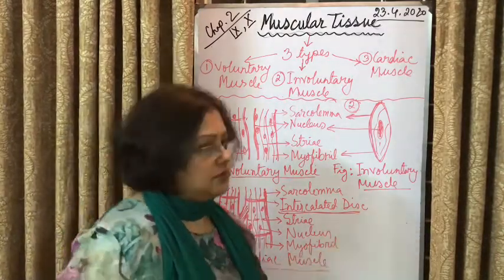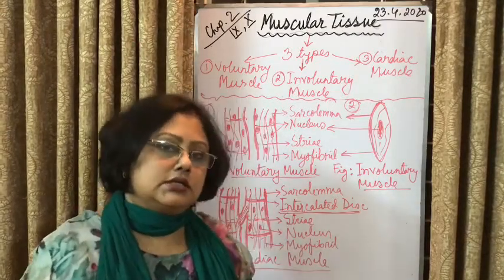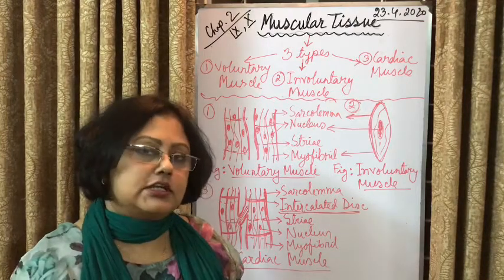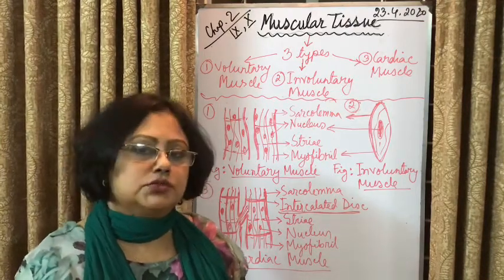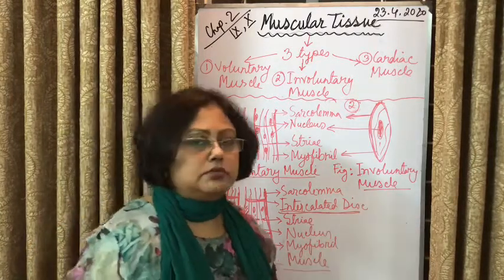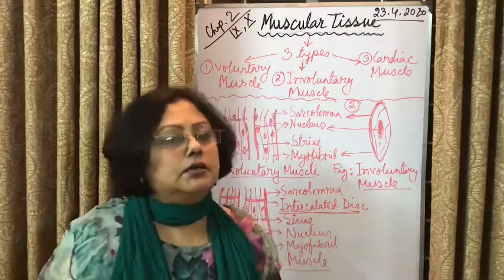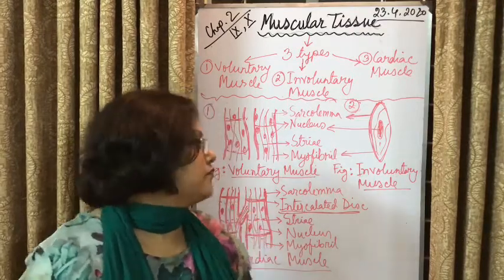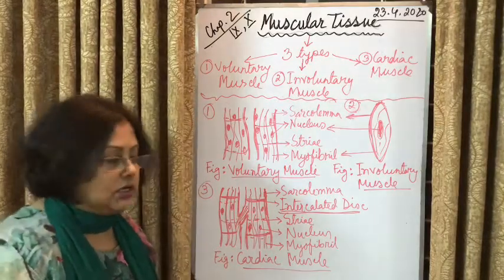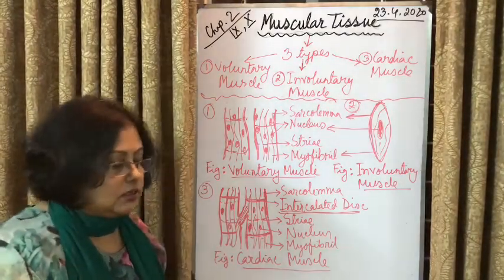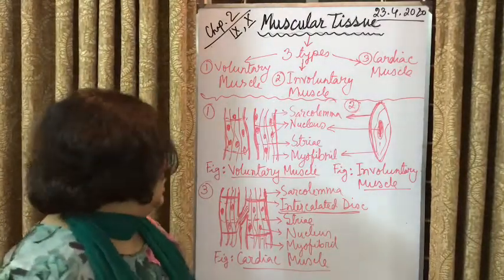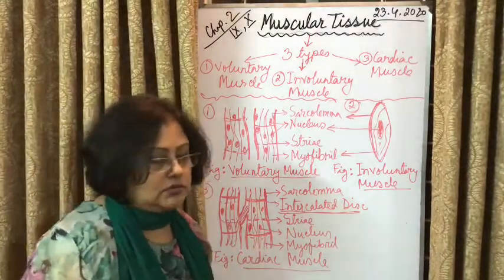And involuntary muscles are present in internal organs, mainly inside the blood vessels and alimentary canal, for the smooth circulation of the blood throughout the body, and also the movement of food particles by the movement of peristalsis. And cardiac muscles are present in our heart, and it is continuously moving always, like involuntary muscle, letting the blood circulate throughout the body.